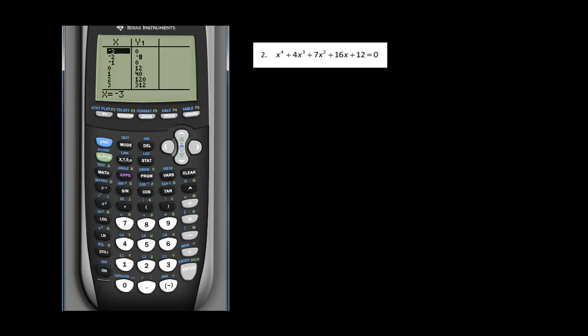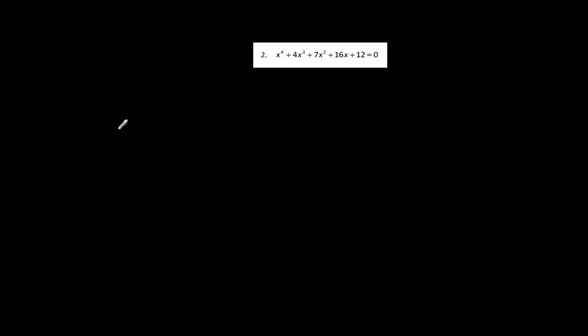So we can use both of those to decrease this 4th power down to a 2nd power. So negative 3 and negative 1. So we'll start with negative 3. We have 1, 4, 7, 16, 12. Let's do this out.